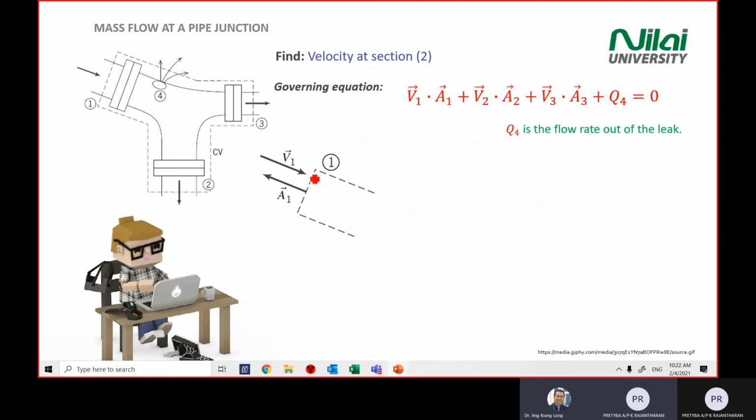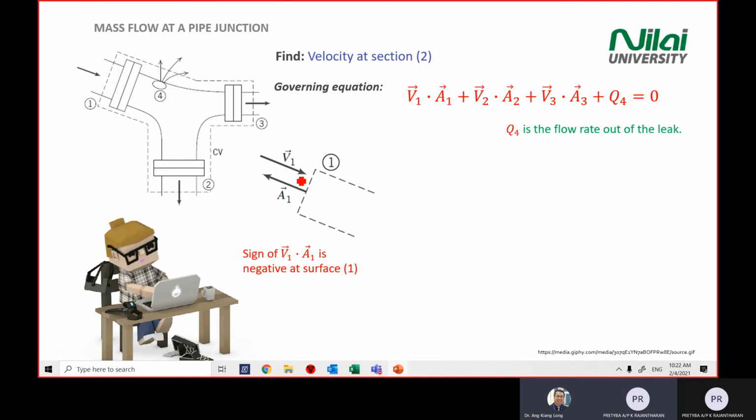So you need to be careful when you transfer the value inside the calculation. When we calculate the vector form, you look at section number 1, you take V1 dot your area here. Our area will always be pointing out. In this case, our area is pointing to the left corner, and our velocity is going in.